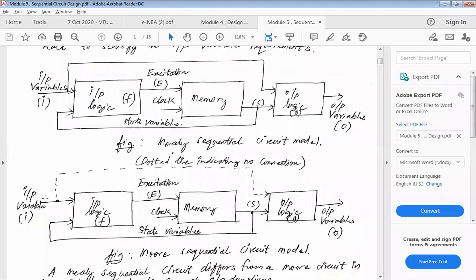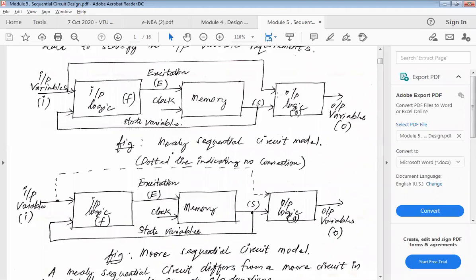This dotted line is showing that there is no connection. I have written it here. So there is no connection between the input and the output logic. Initially we will have just input logic. After that, the output of input logic is given to the memory, and the memory's output is given to output logic.